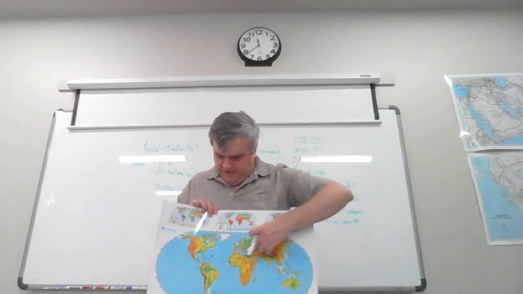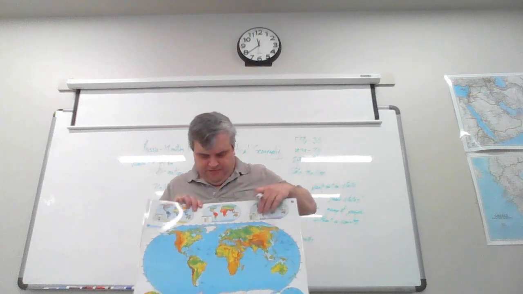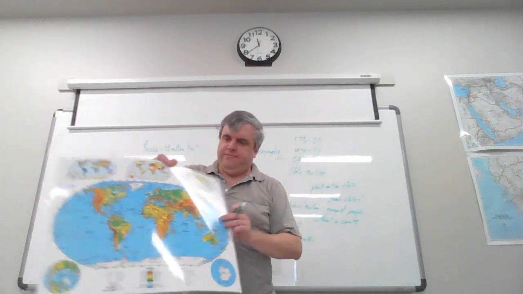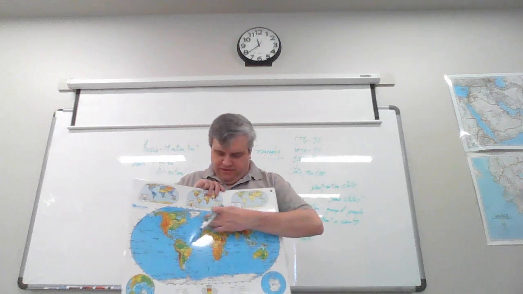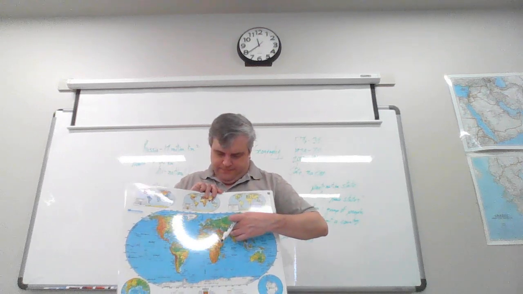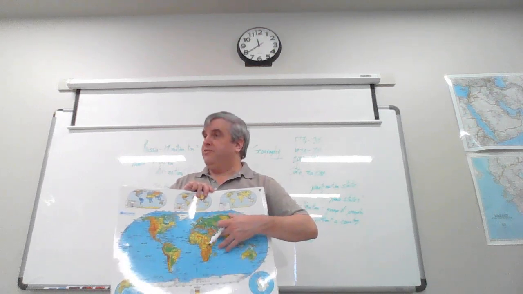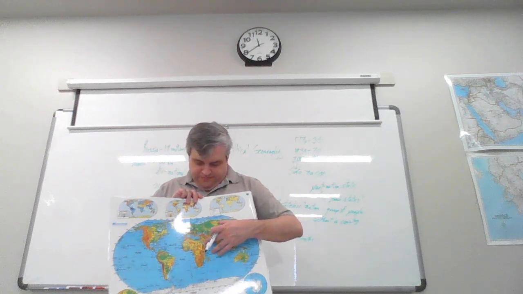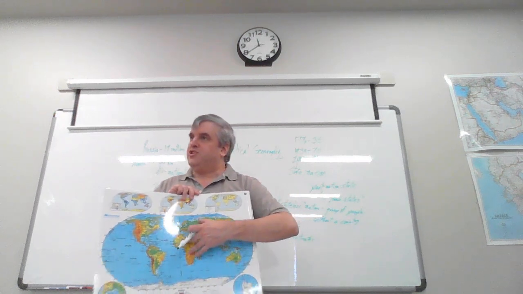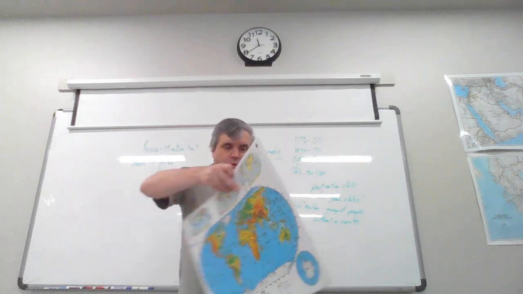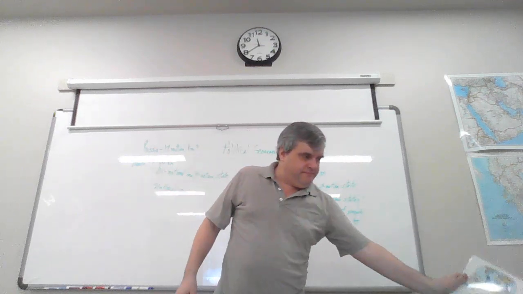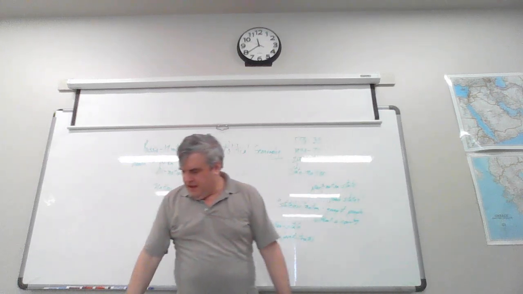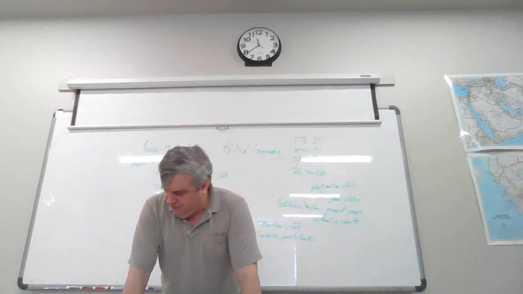For example, this would just be a physical map, but this one here is a political map. Sometimes it just has the borders, not the features. But a political map is one that shows the different borders and everything. They come in all sorts of shapes and sizes.